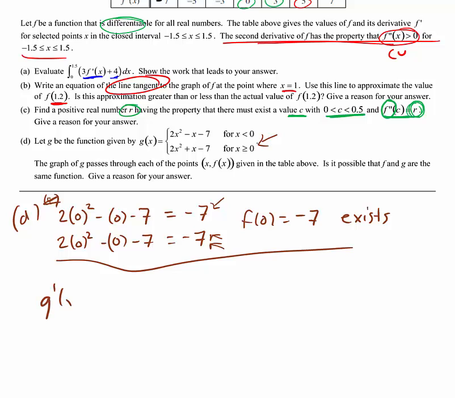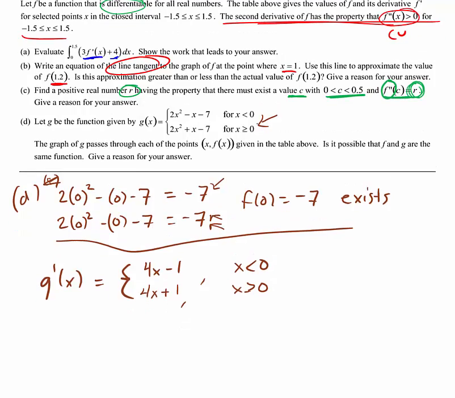We could also check, is it differentiable? So g prime of x would be 4x minus 1 when x is less than 0, and it would be 4x plus 1 when x is greater than or equal to 0, which means that g prime of x would be basically negative 1 as it approaches on the left, and g prime of x would be positive 1 when it approaches on the right side.